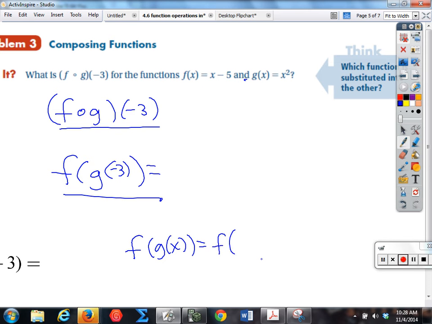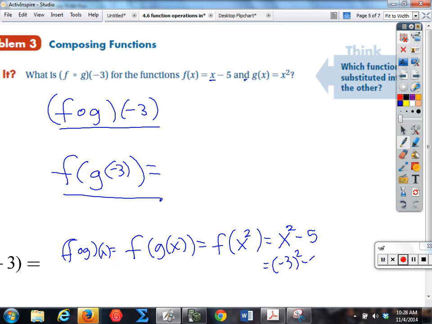F of x squared is x squared minus 5. You just plug it in right there. So I could plug in -3 right now, because that's what f of g of x is. So I could just go -3 squared minus 5. 9 minus 5, 4. That's one way to do it. So you have to find out what the function is and plug it in.